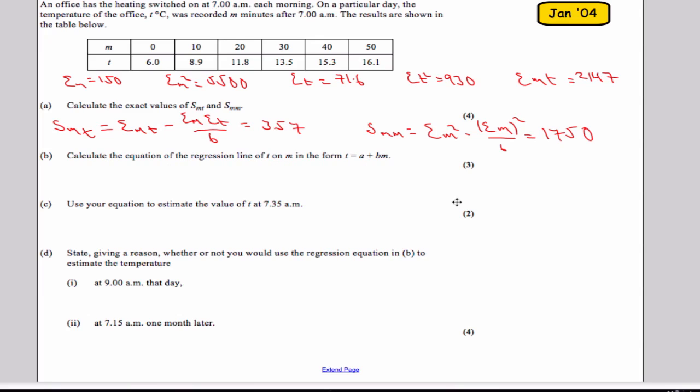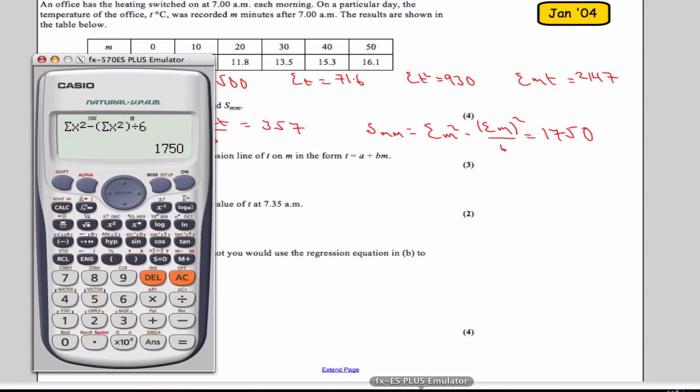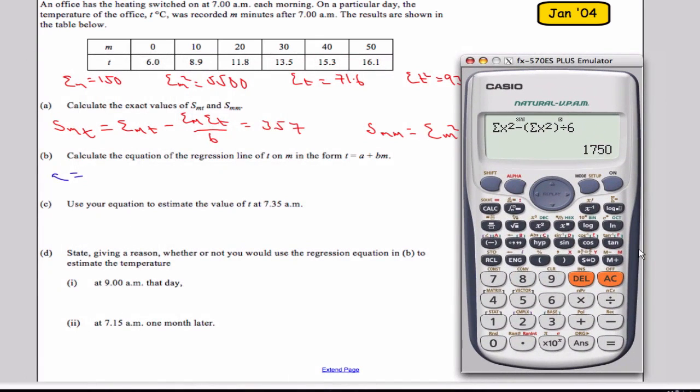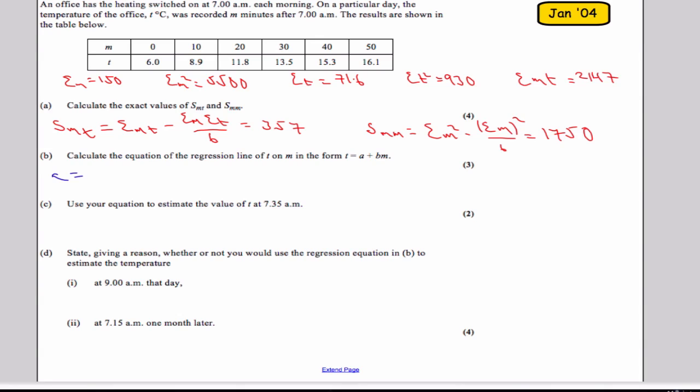Okay, next part, I'm asked to calculate the equation of the regression line of t on m in the form t equals a plus bm. Because I've entered all the values into the calculator, half the battle is done. I'm just going to pull out the value of a by choosing regression option 1 for a, which is 6.8333 recurring. Let's write it to 3 sig fig as 6.83.